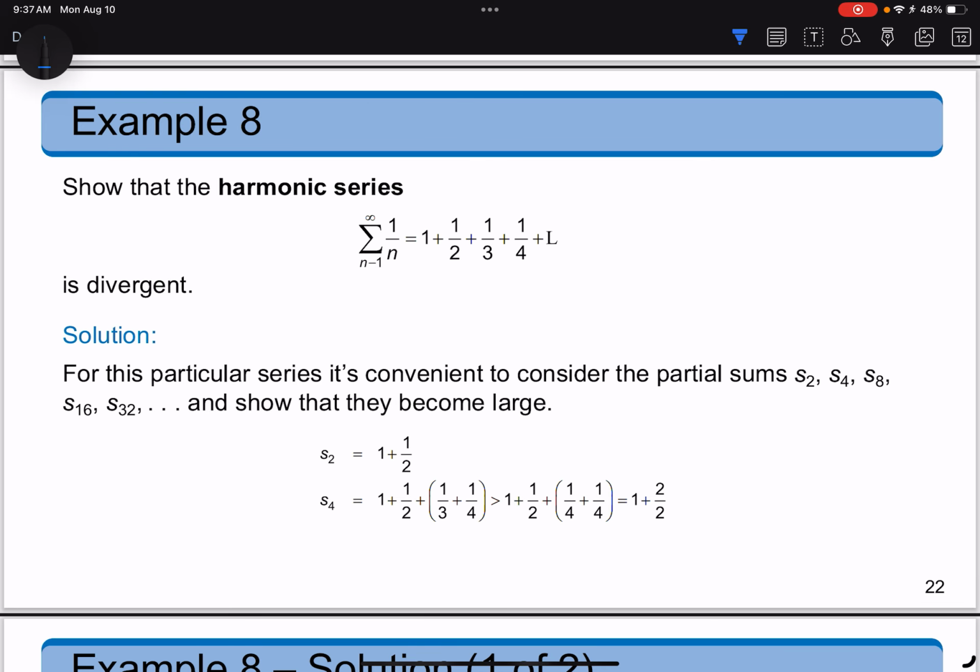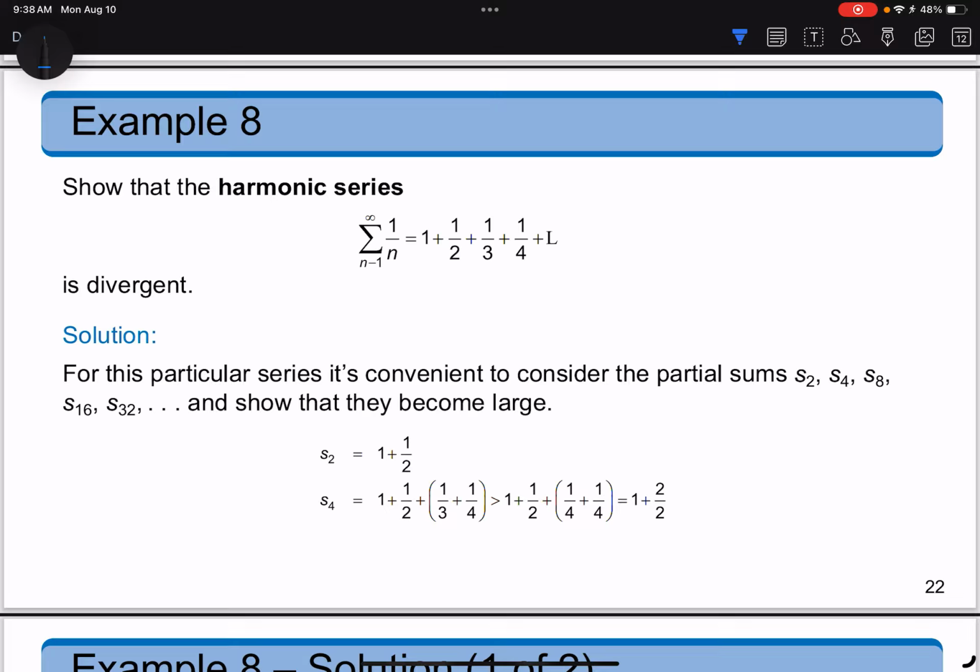Show that the harmonic series, which is the reciprocal of an arithmetic series, is divergent. So if you have 1, 2, 3, 4, 5, its harmonic series is 1 over 1 plus 1 over 2 plus 1 over 3 plus 1 over 4 and so on. So we want to verify that the harmonic series is divergent.